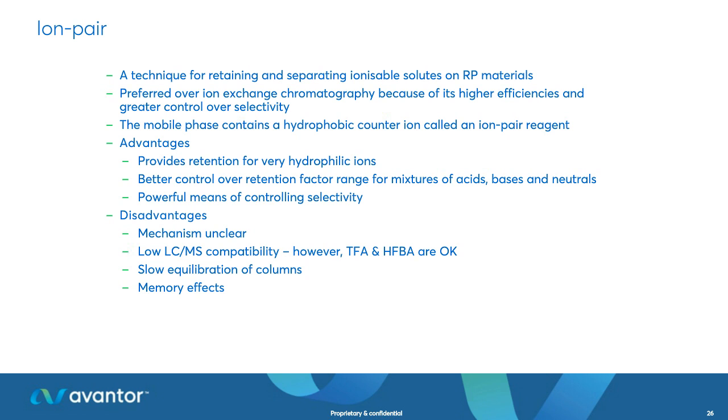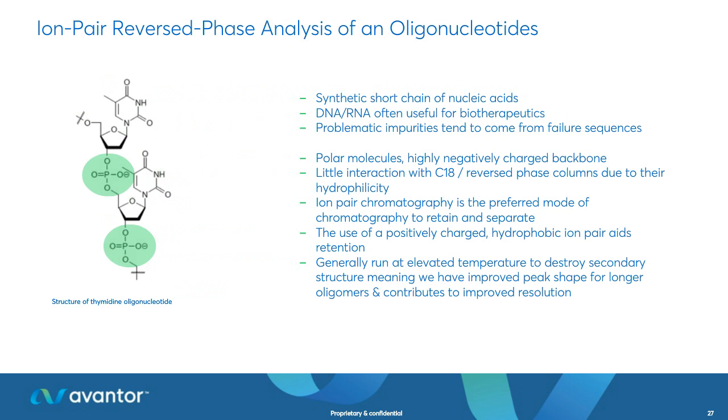So when we're looking at oligonucleotides, you look at that structure and you see some very polar groups on an oligonucleotide. When you've got a highly charged, highly polar compound, reverse phase isn't going to work, because reverse phase is based on retaining things based on their hydrophobicity. And I've got a very hydrophilic compound here that I want to analyse.